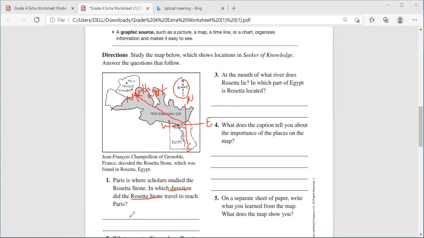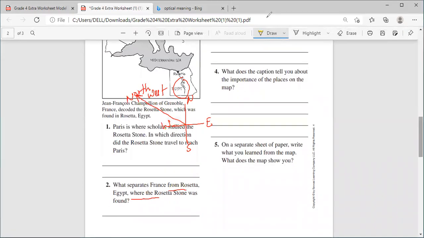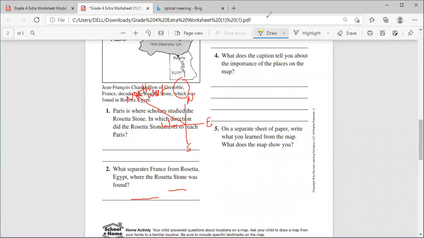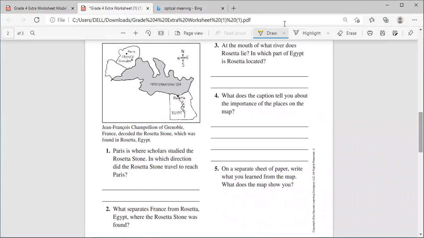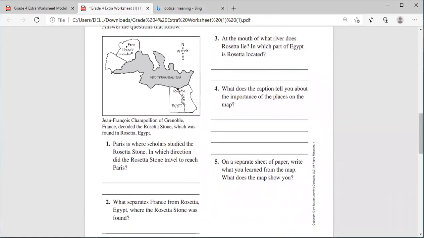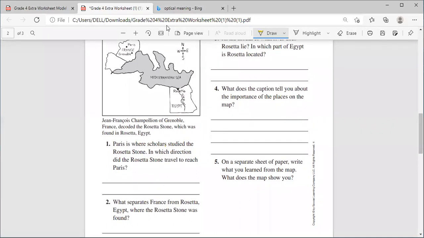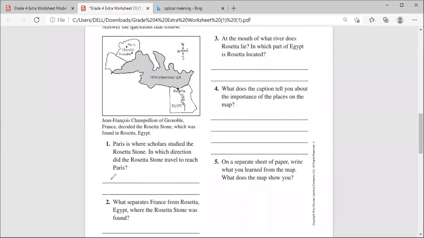It has to be a full answer, isn't it? Let me scroll down a little bit. So the Rosetta Stone traveled northwest.